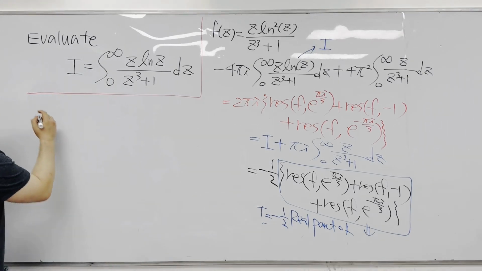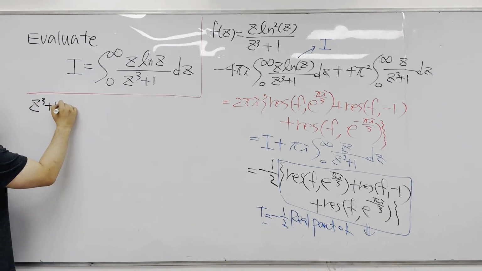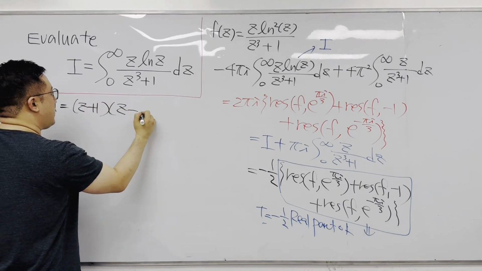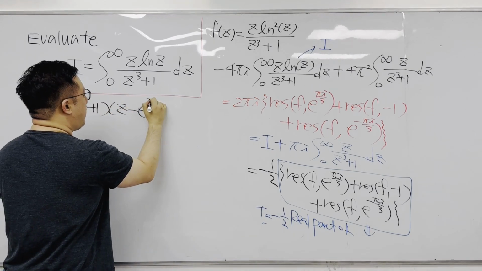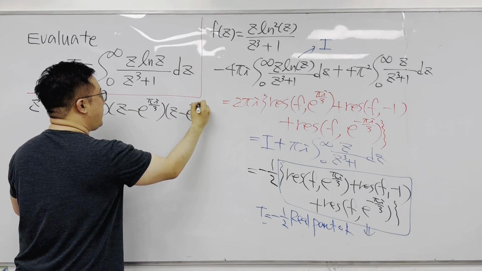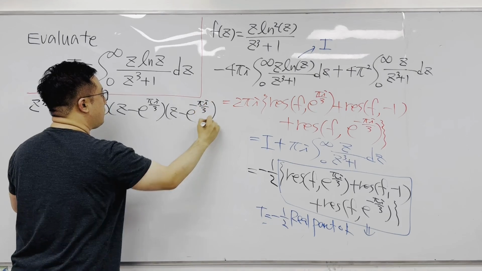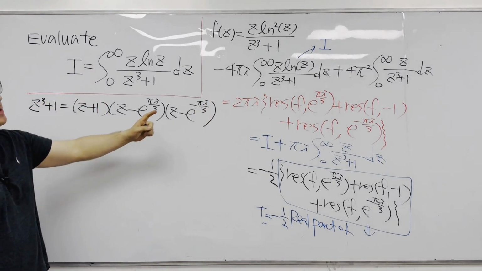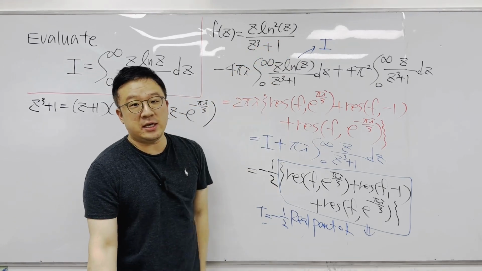So first of all, let me factor this z cubed plus 1 out. This is the same thing as z plus 1 times z minus e to the power of pi i over 3 times z minus e to the power of negative pi i over 3. That's why we set f of z as z times ln squared z over z cubed plus 1.